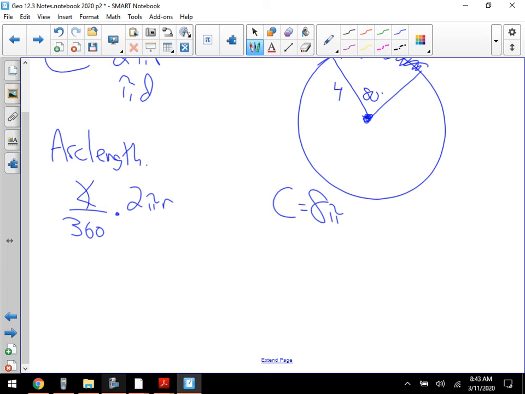Then it's a matter of substituting the values and pressing buttons on the calculator: 80 over 360 times 2 times 4 times pi. Use the fraction bar, type everything through, and you get an answer in terms of pi.